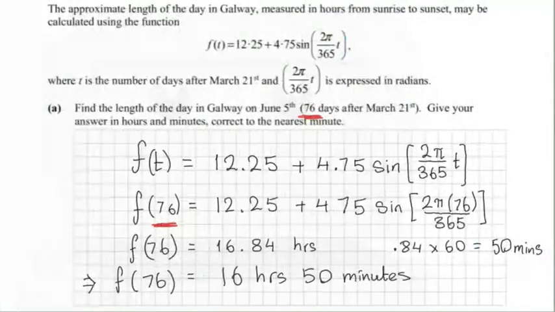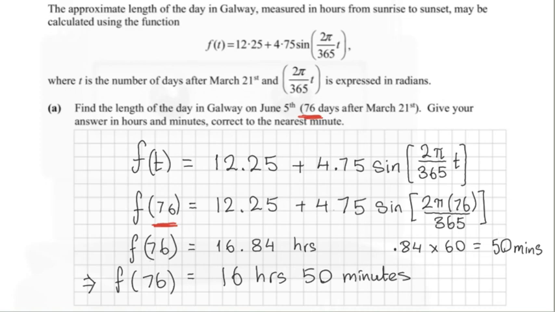Alright, so finally we're going to do a trigonometric function, and I have the first part worked out. So I just want to introduce the graph. It's a trigonometric function, and in part A we needed to substitute in 76 into the function to get the daylight hours for that specific day of the year, 76 days after March 21st.